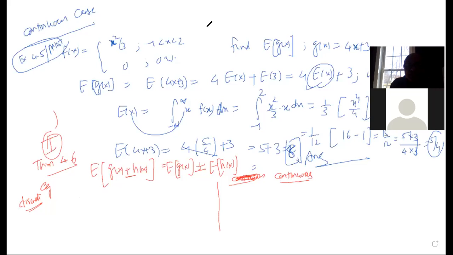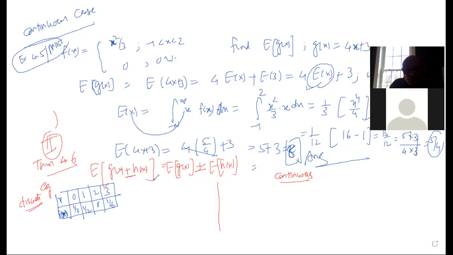So my discrete case example says that suppose I have a table given to us with x equal to 0, 1, 2, 3 and f(x) equal to 1 by 3, 1 by 2, 0 and 1 by 6. This is my f(x), small x.